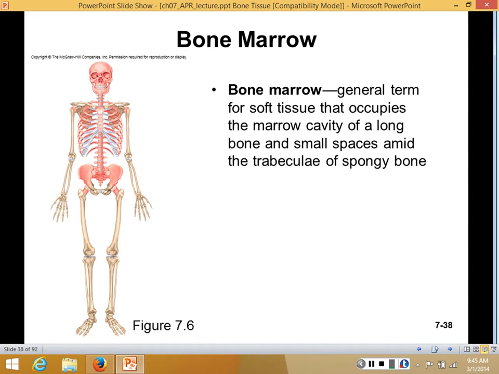The femur. That's red. And you've got the head of what? The humerus, which is this arm bone up here, that's red also. Bone marrow is the general term for soft tissue that occupies the marrow cavity of a long bone, in small spaces amid the trabeculae of what? Your spongy bone. The rest of that bone that has no color to it, that's yellow bone marrow.